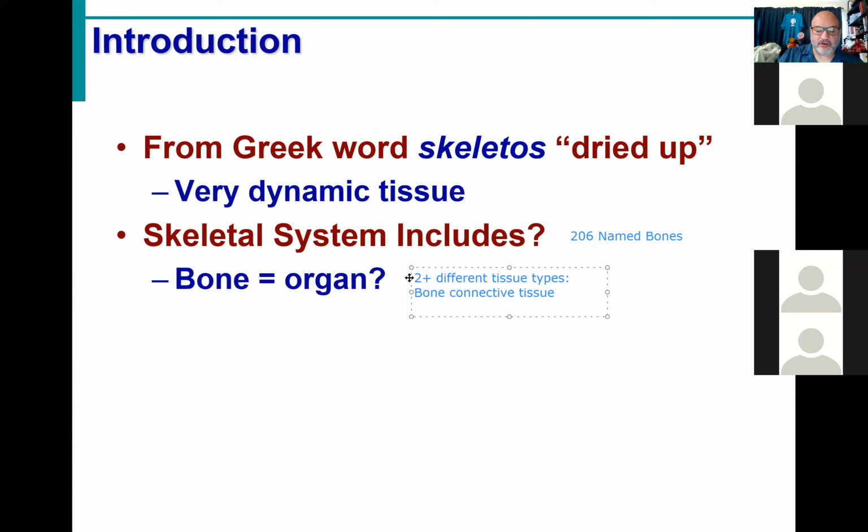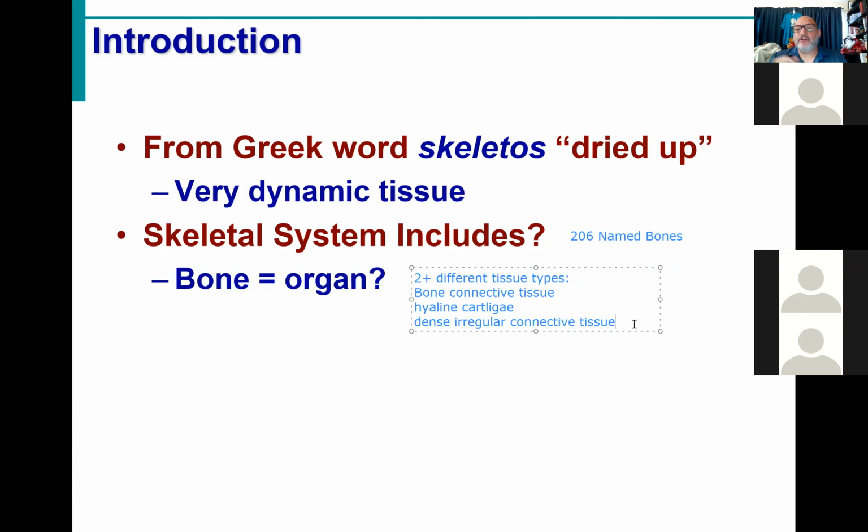But as we've already talked about, we know the ends of the bone have hyaline cartilage. As we will see, there is a dense, irregular connective tissue that lines the outer surface of much of the bone.